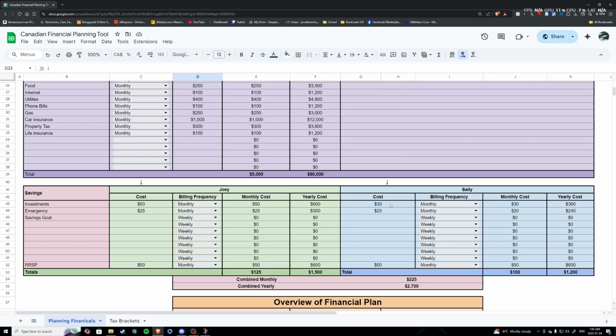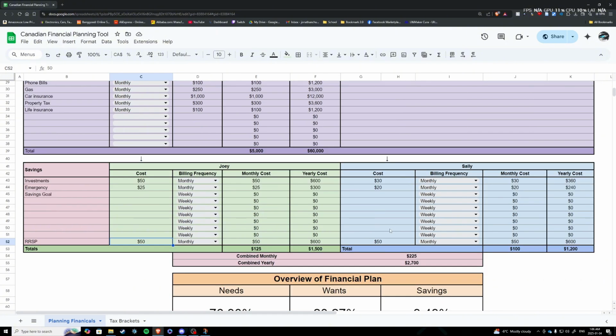She's putting in $30 a month and $20 for emergency. I just chose round values, so it just looks nicer. And then you can see that both of these people, or Joey and Sally, are contributing $50 a month to the RRSP. And again, we can see the combined, that's $225 monthly, and yearly that's $2,700. That's going towards our savings.